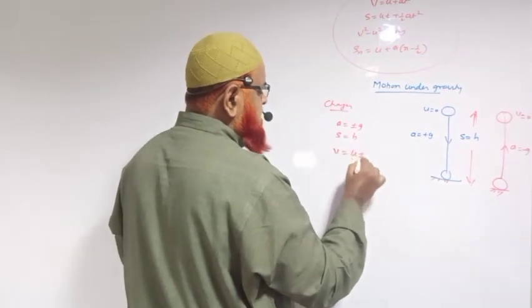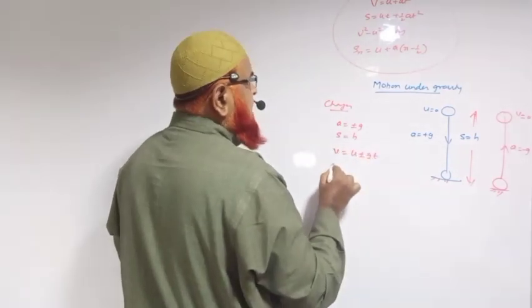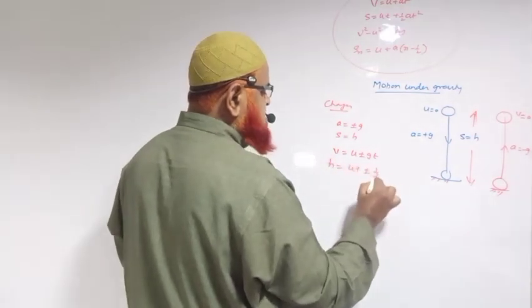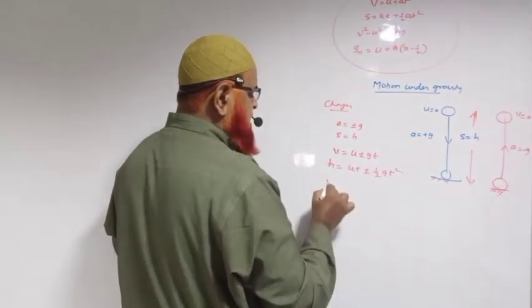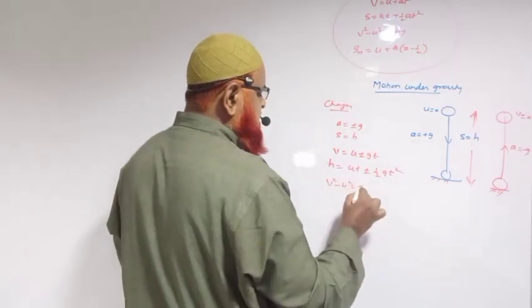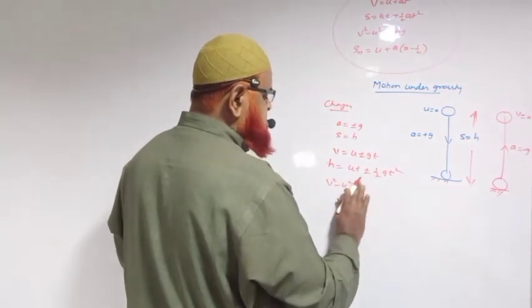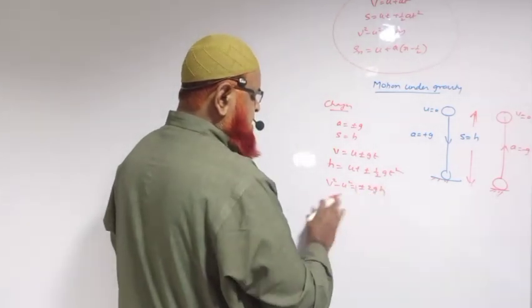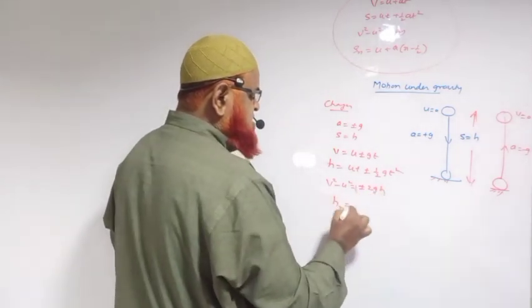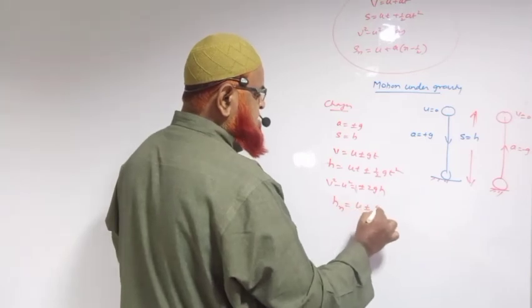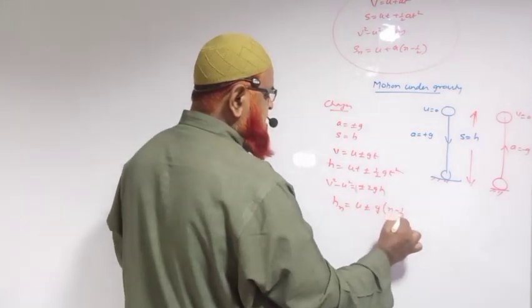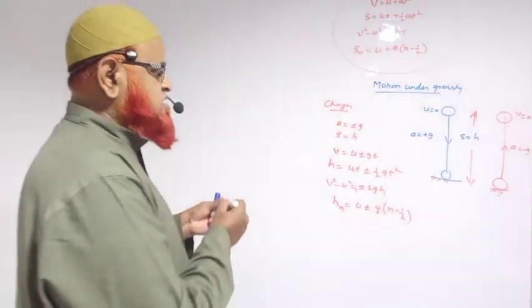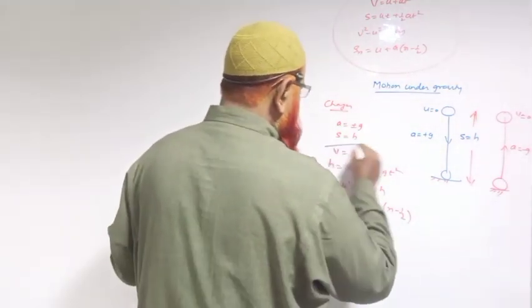V is equal to u plus or minus gt, and h is equal to ut plus or minus half gt square. V square minus u square is equal to plus or minus 2gh, and hn is equal to u plus or minus g into (n minus half). These are the equations of motion under gravity.